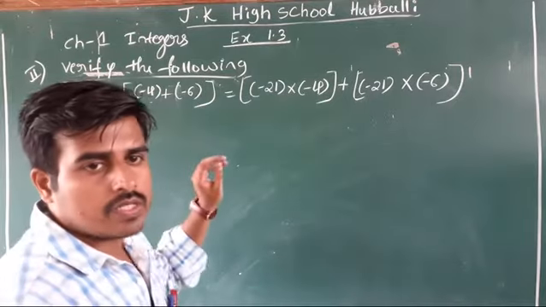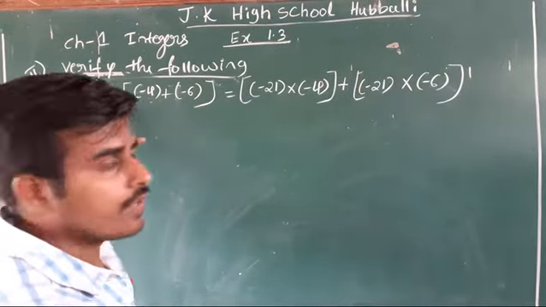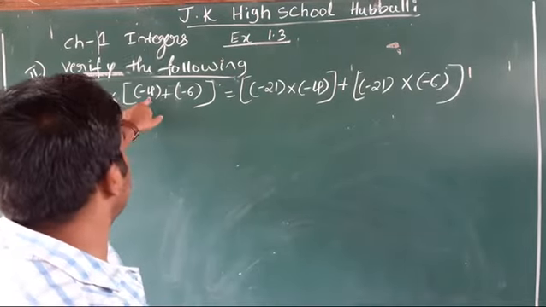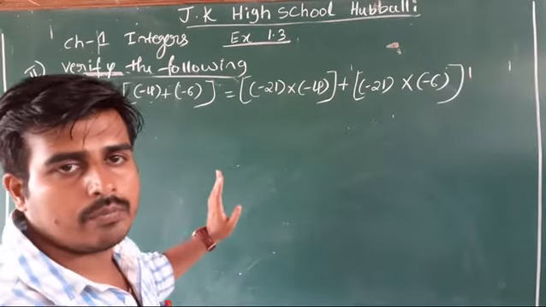This problem looks a little bit large, because all integers used are negative integers: minus 21, minus 4, minus 6. Therefore it looks quite bigger compared to the previous problem.